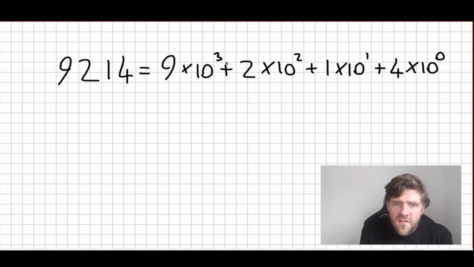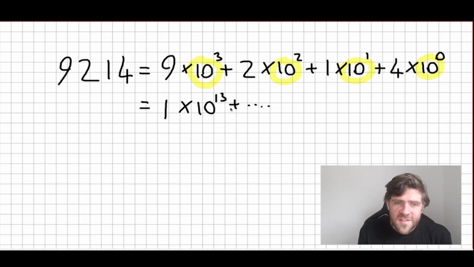And there is nothing special about 10 which allows us to do this. We could indeed use any number as a base here, and if we used binary, that means we're using base 2. So we're writing it as 1 times 2 to the 13 plus, well, a bunch of other stuff.